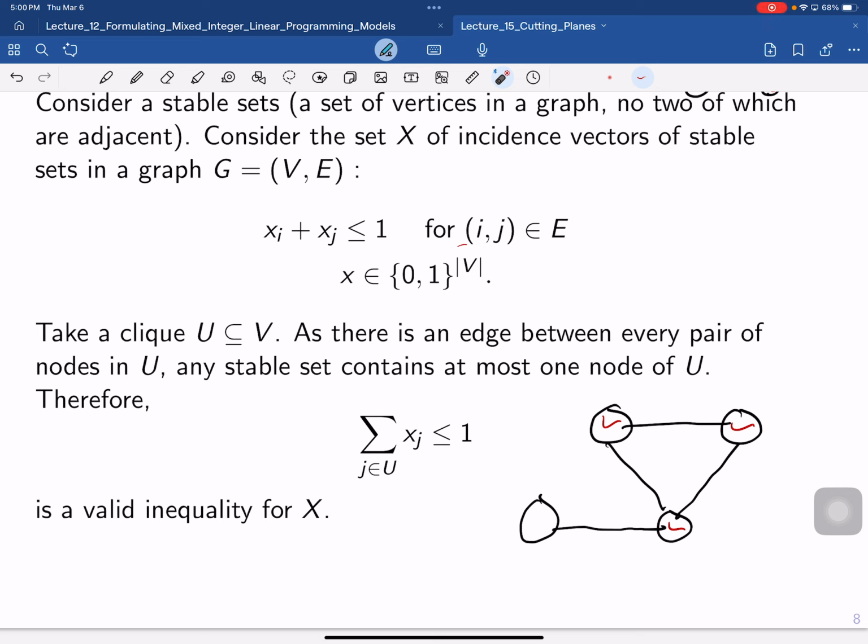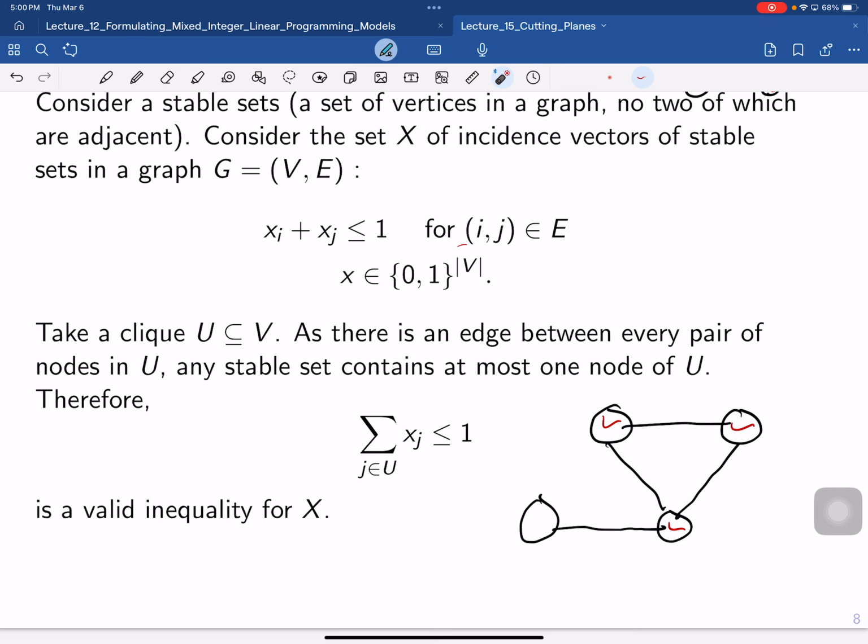So it is derived from the logic that in a clique, any two nodes are connected. So if one node is in the stable set, all the other nodes cannot be in the stable set because all the nodes are fully connected. So that's why you can at most select one of the nodes in the clique, in order for the subset you select to be a stable set.